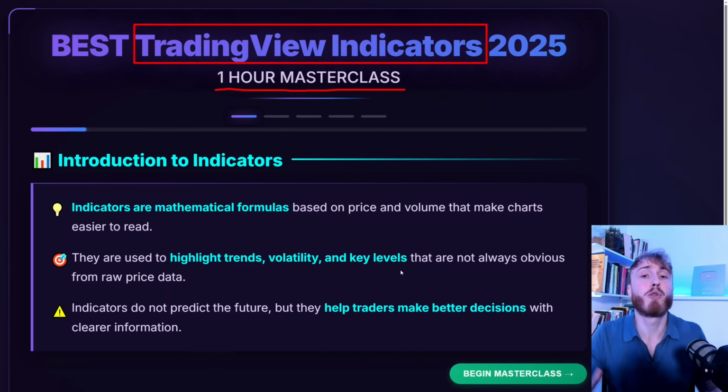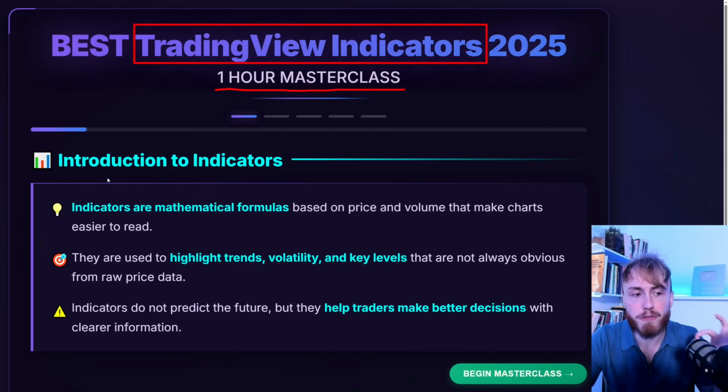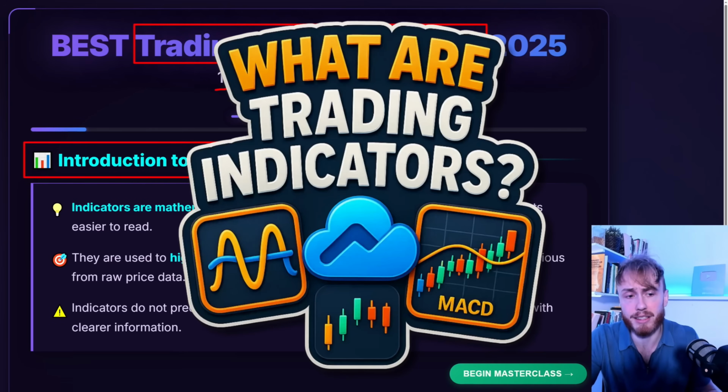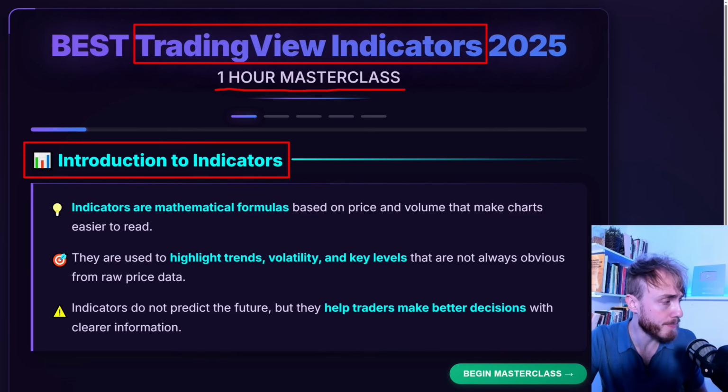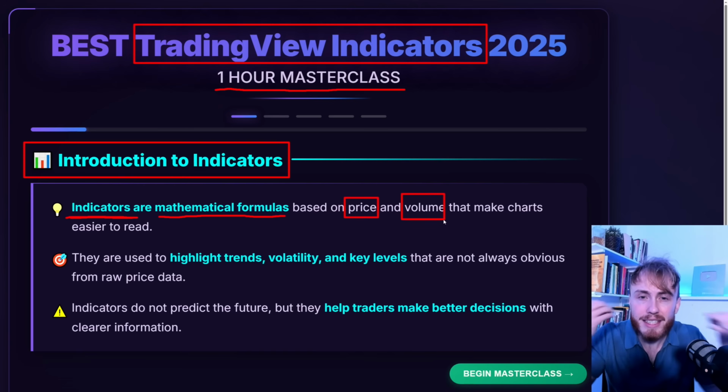But right, so before we can start using indicators to make money, we of course first need to know what indicators are in the first place. In very simple terms, indicators are simply mathematical formulas based on price and volume that make the charts easier to read.